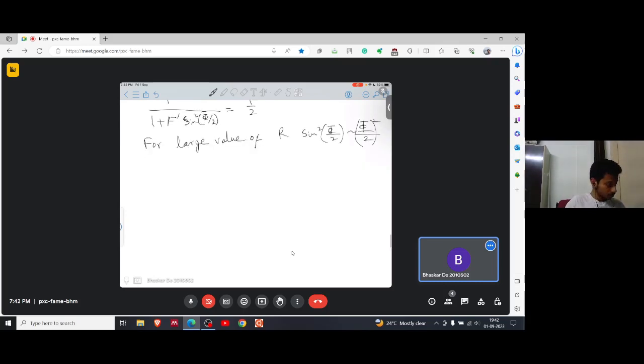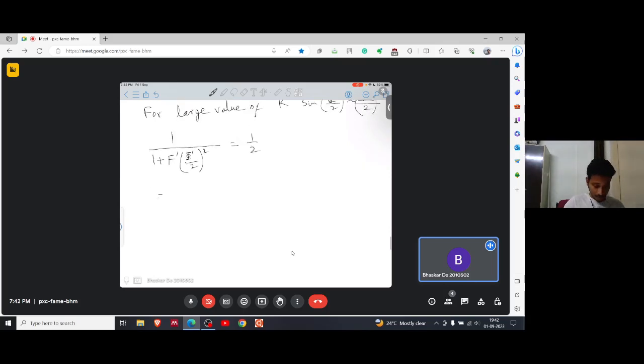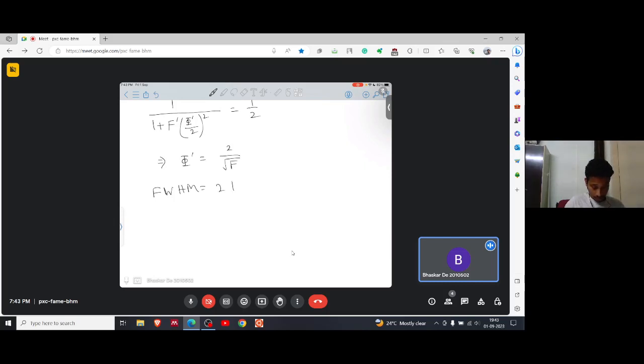So then we can write 1 plus f dash phi by 2 whole square equal to half. From here we will have phi dash equal to 2 by root f dash. FWHM here is 2 phi dash, it is 4 by root f dash.